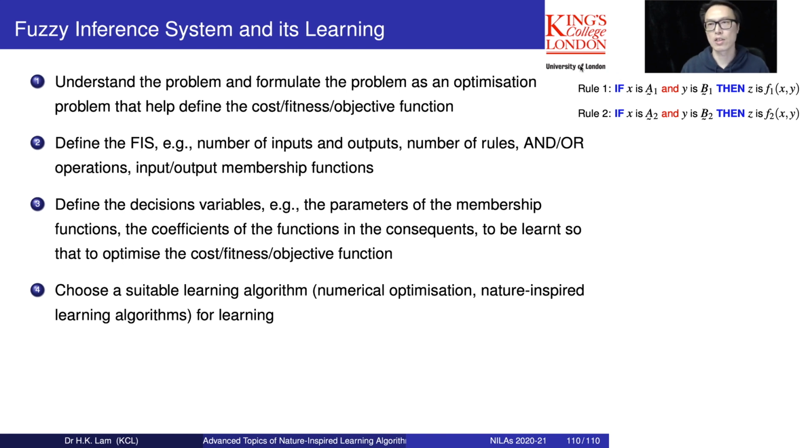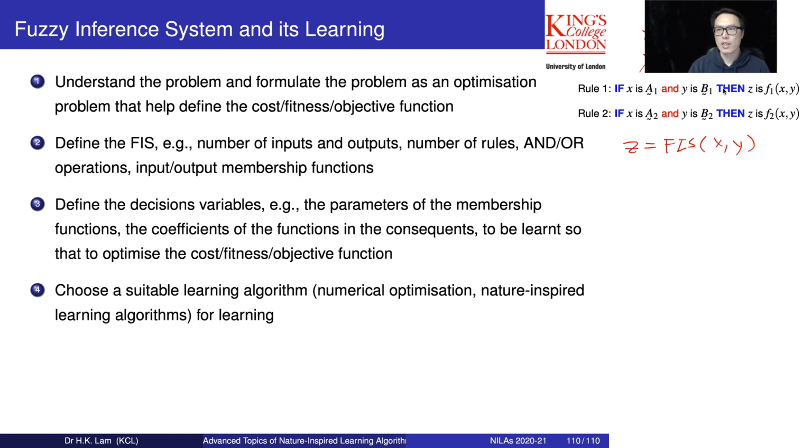Say, assume that we have 2 rules, and this system has x and y as the input, and z as the output. That means we can come up with a function for the inference system, z, as a function of the inputs x and y.